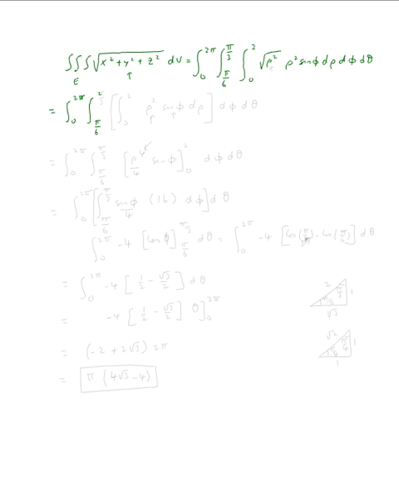Pi over 6 to pi over 3, and then square root of rho squared is rho times rho squared is rho cubed. So we're going from 0 to 2, rho cubed sine phi d rho. We're going to do the inner integral first, and then d phi d theta.